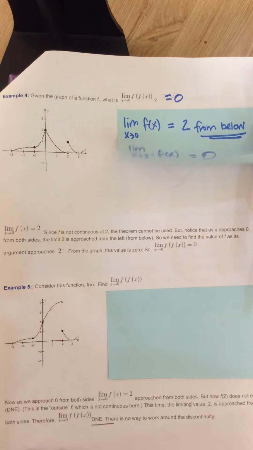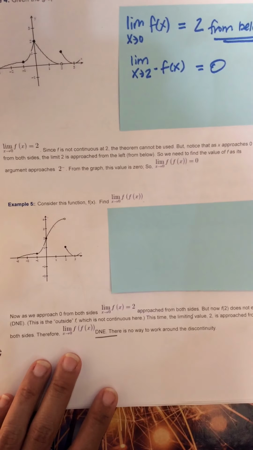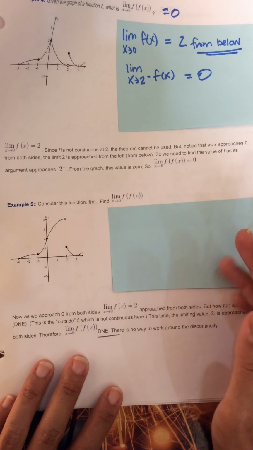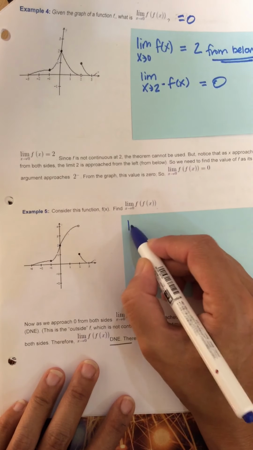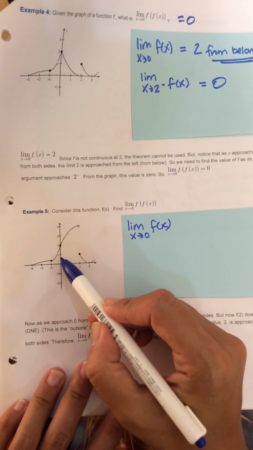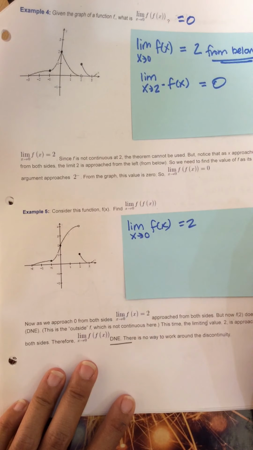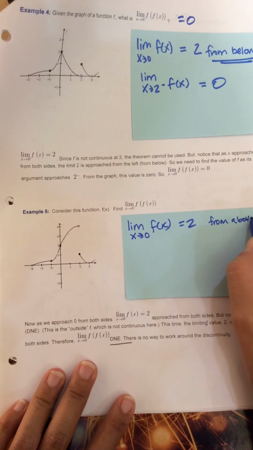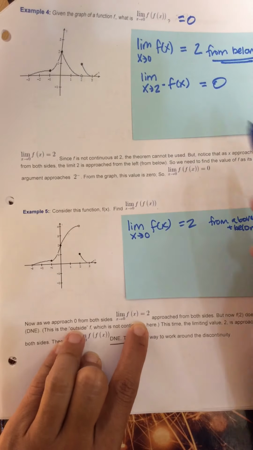Okay, now let's go to the next example. Example 5, consider this function. The limit of f of f of x as x approaches 0. So this is really similar. This is the exact same problem, different graph. So step 1, find the limit as x approaches 0 of the inner function. As x approaches 0, it's 2, right? And this is from above and below. So we can't use this.